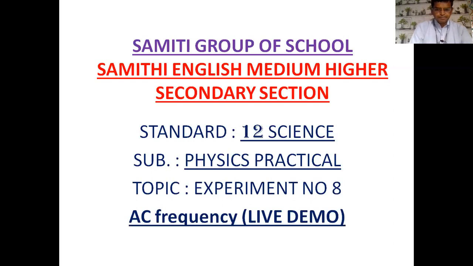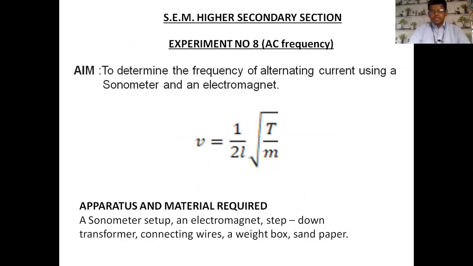So first, the aim. What is the aim of the given practical? To determine the frequency of alternating current, meaning AC current, using a sonometer and an electromagnet. Today we solve the equation v = (1/2L) √(T/m).